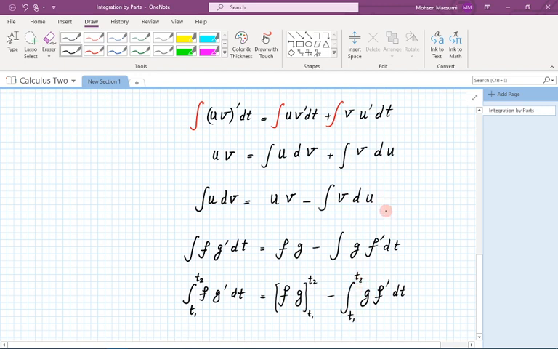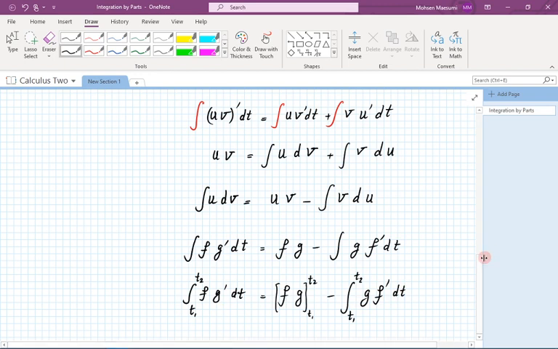So these are different forms of writing the same idea. Again, in practice, this is used to make an integral hopefully a little bit easier, and we are going to continue that discussion in the next lecture.